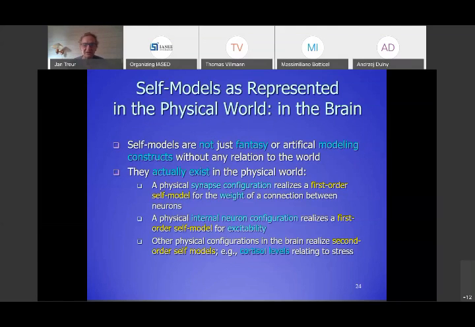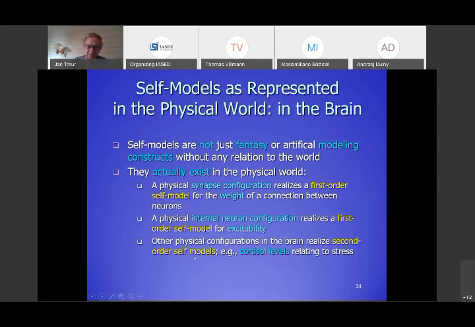But here, all these self models have some physical realization or embodiment. So the synapse, of course, the configuration of the synapse determines the weight of the connection. But also the internal neuron configuration defines the excitability of the neuron.